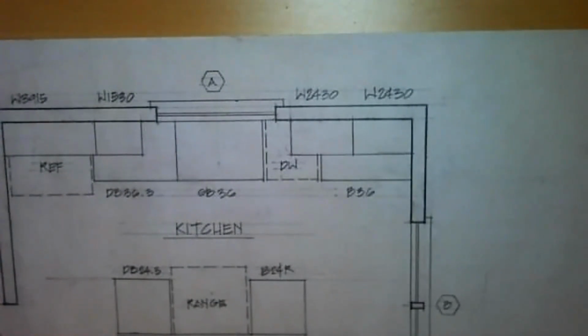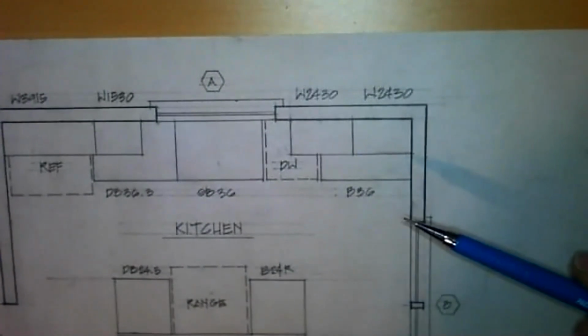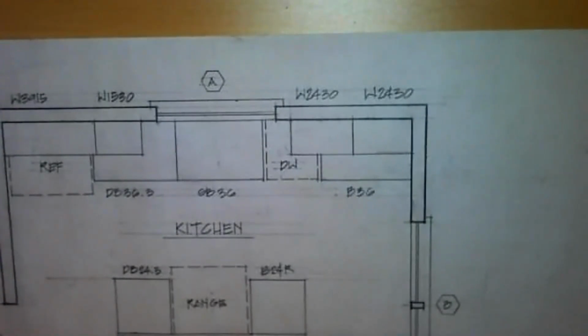And that's a standard base cabinet. It has drawers and shelves, right? So B36. So I've placed it there. So let's go back to Google SketchUp.